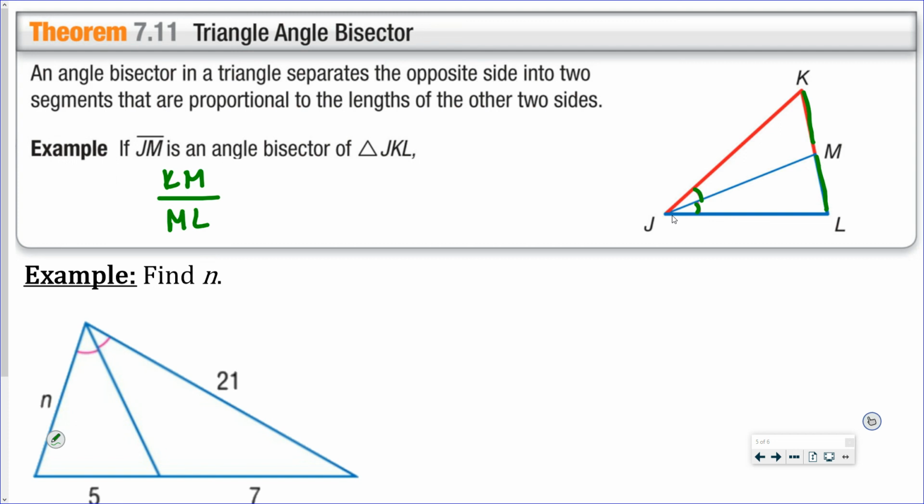It's going to split that side into a ratio that's proportional to the other two sides. Okay, now I'm going to be specific. I want you to put KJ on top. I'll explain why in a second. To LJ on bottom. These can be a little confusing to set up because you're like, well, does it matter which side I list first?